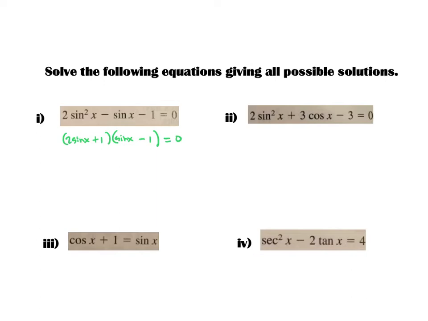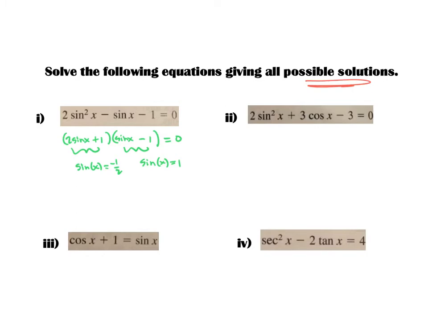Now I set each of these individually equal to 0. If I set that equal to 0, sine x would equal -1/2. And if I set this other one equal to 0, sine x would be equal to 1. Now in this case, I'm going to find the solutions between 0 and 2 pi, and I'm going to show you how to then find all possible solutions.